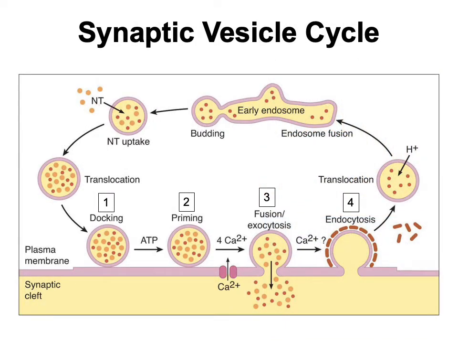The synaptic vesicle cycle is really involved, but it has four main phases. The first phase is docking, then you have priming, then next is fusion combined with exocytosis of the neurotransmitter, and then endocytosis. This is a very involved process, and we're going to get into those processes next.